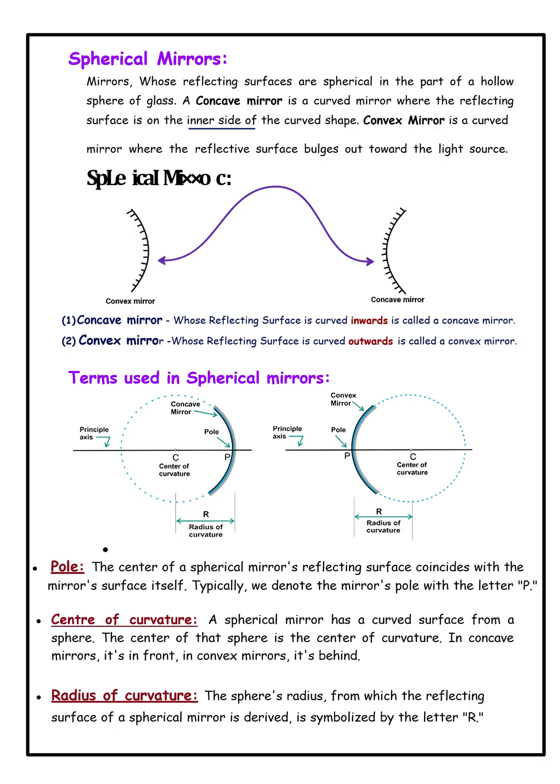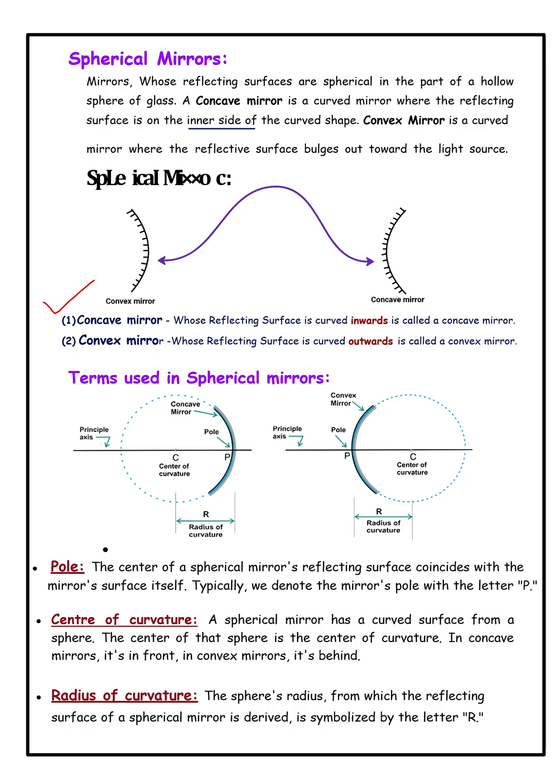And then the convex mirror is a curved mirror where the reflecting surface bulges out toward the light source. So the concave mirror's reflecting surface is curved inwards. And what about the convex mirror? Here the reflecting surface is curved outwards, and it is called a convex mirror.